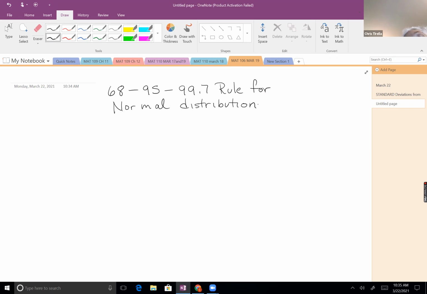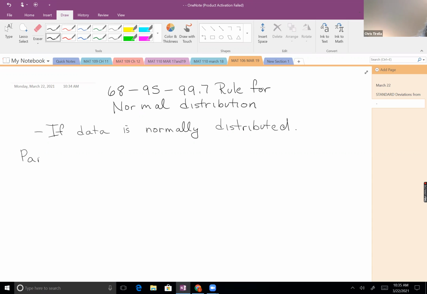You'll be told that that's the case. And what it says is, if data is normally distributed, and so again, this only works with things that are normal or approximately normal.